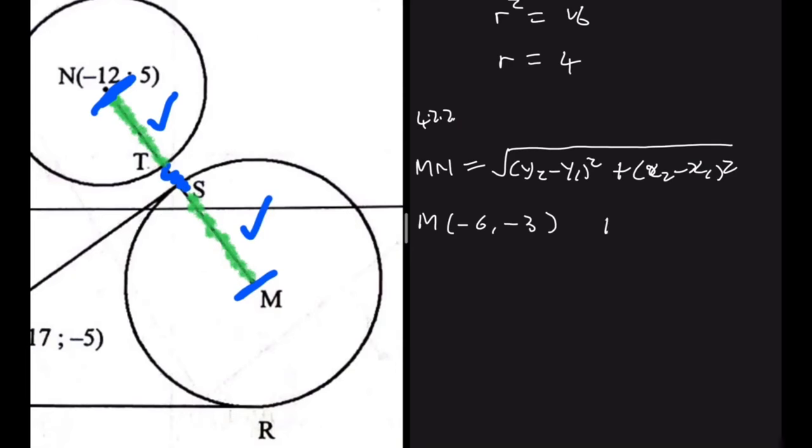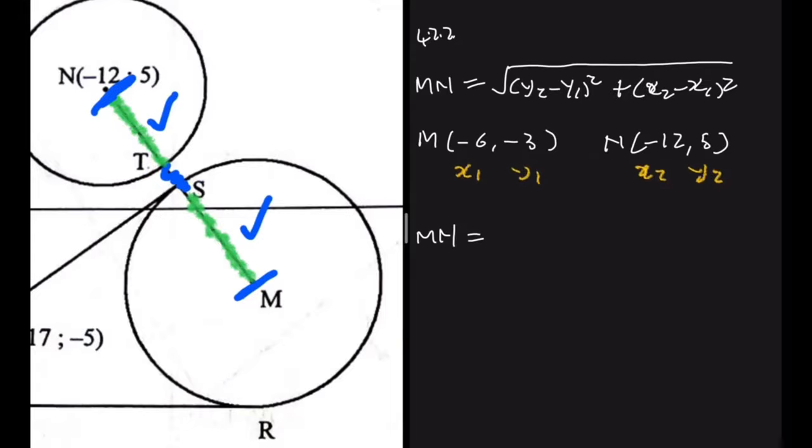And the coordinates of N, we have -12 and 5, right? To avoid any confusion, I'm going to say that this is x1 and this is y1, this is x2, this is y2, right? Obviously you can do it in your head if you're comfortable with that, but I prefer just playing it safe.